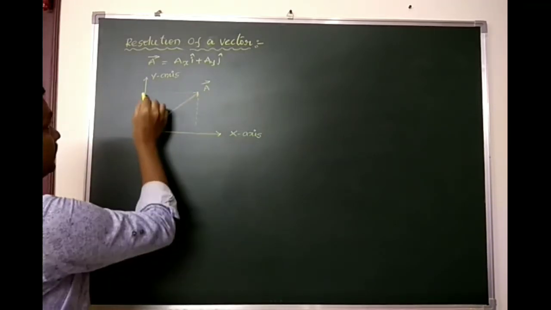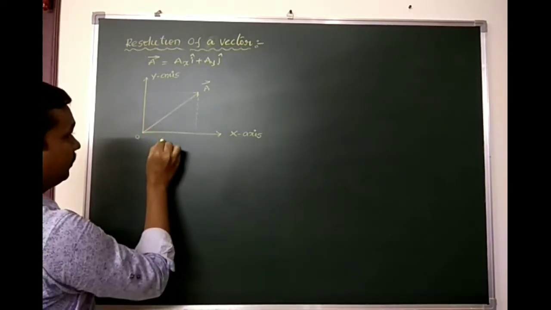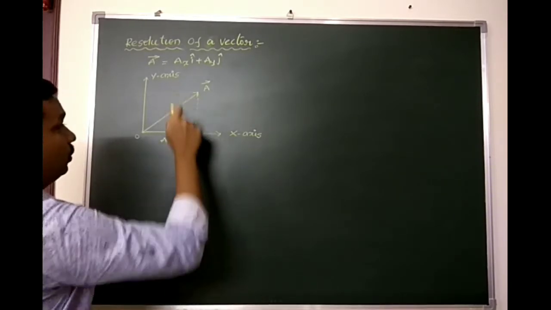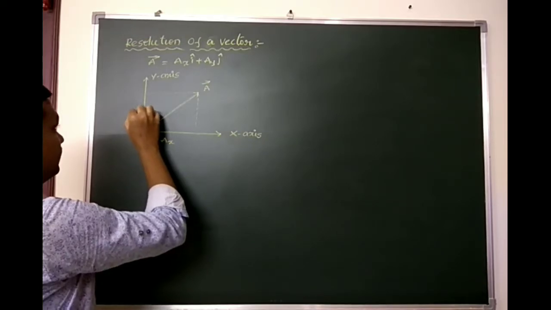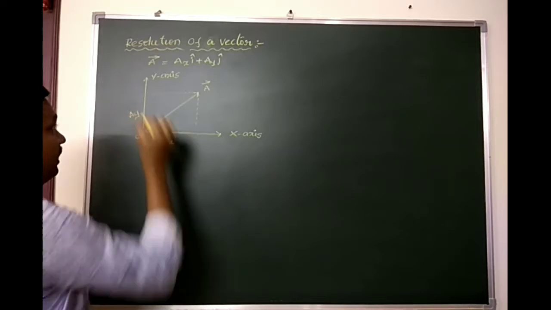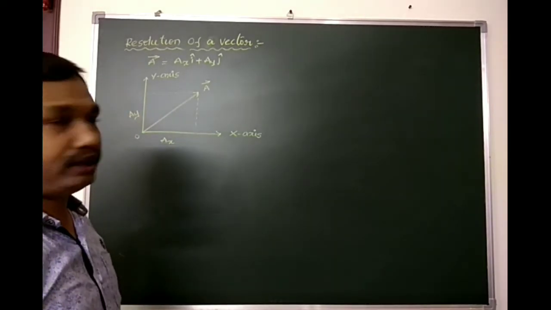This is the value which is giving you Ax. Parallel vectors are the same, so this is Ax. Vertically parallel vectors are the same, so we can represent this as Ay. What is Ax? What is Ay? We are going to find.